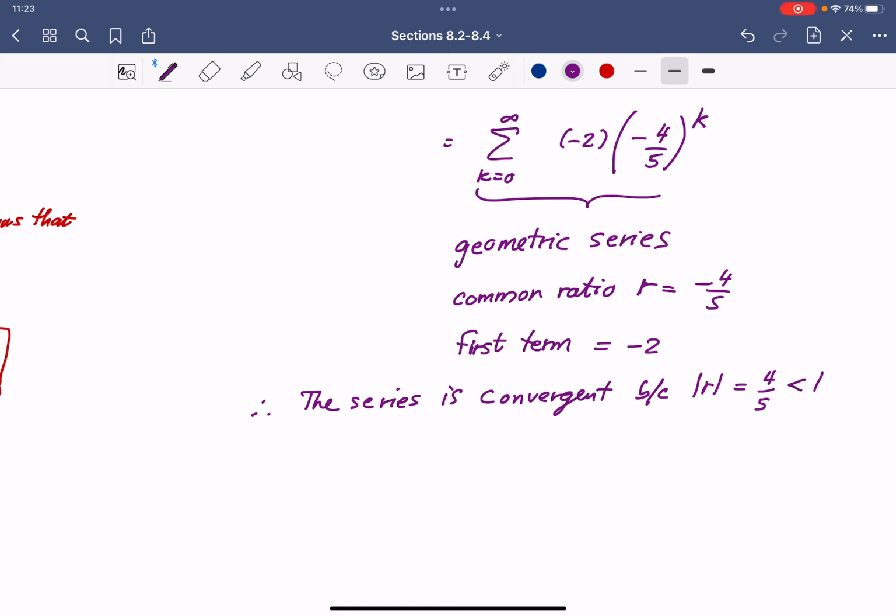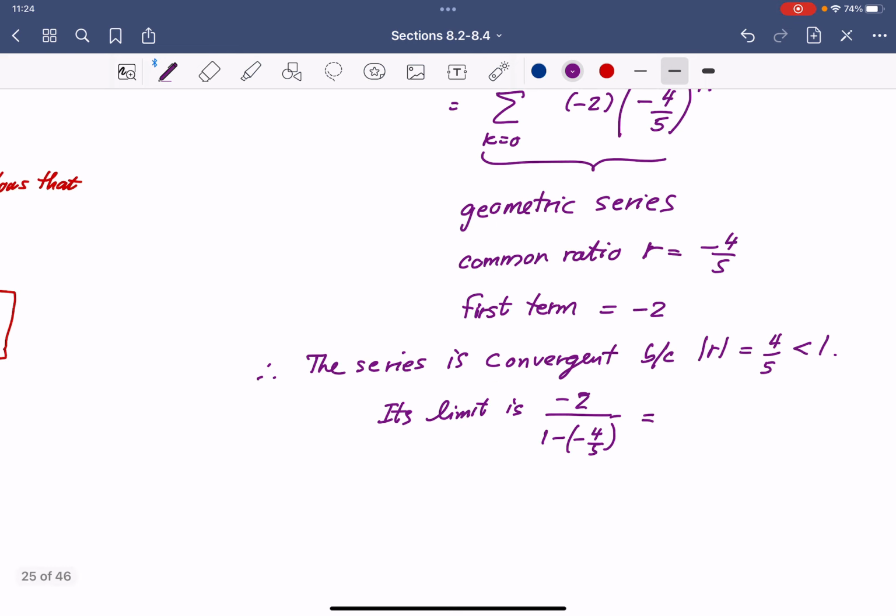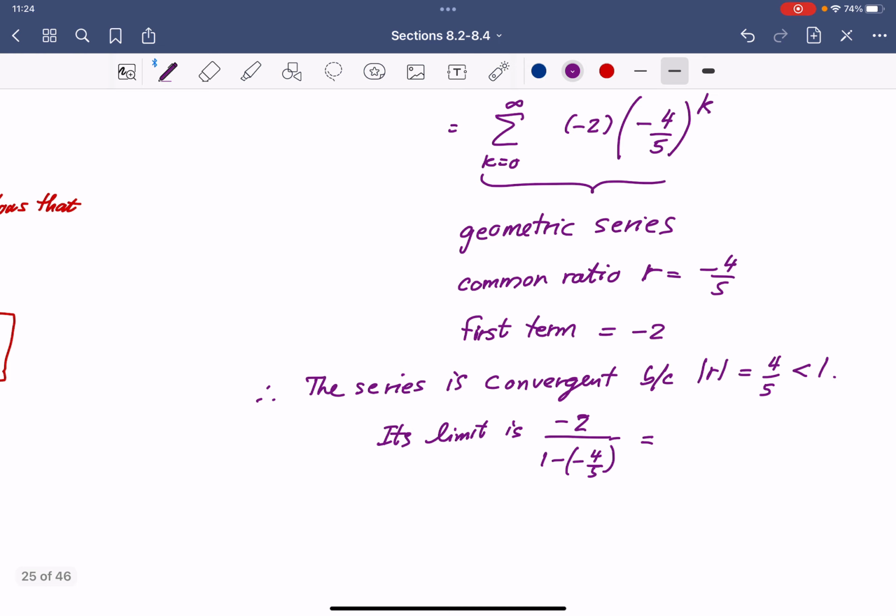So good, this means the series is convergent, and its limit is the first term, negative 2 over 1 minus the common ratio, which is minus 4 over 5. Be careful about the bottom part here, because the limit is the first term over 1 minus the common ratio.